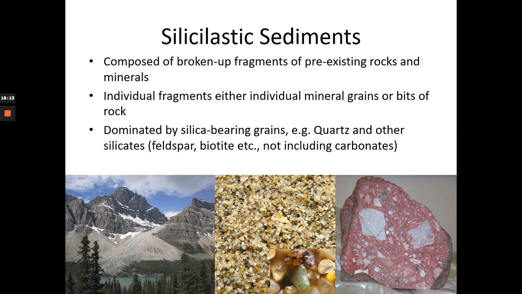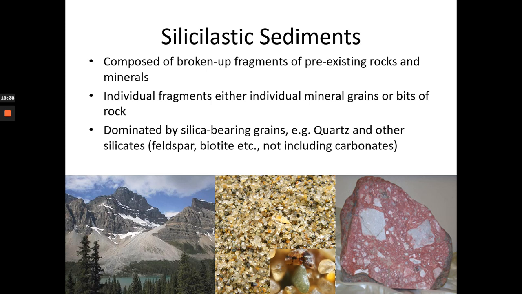Okay. But in the case of siliciclastic sediments, it is dominated by silicates. So you have quartz being very common in your sands. Other silicates like feldspar and biotite are also common constituents of sediments and sedimentary rocks, but do not include the carbonates, which are chemical sediments. Okay? But you might say, what about bioclastic sediments?